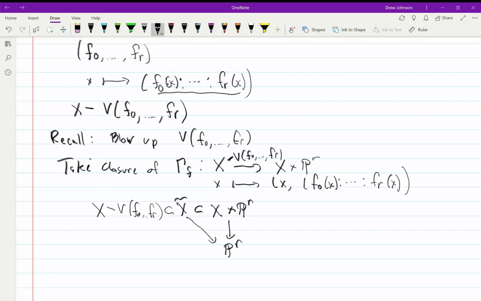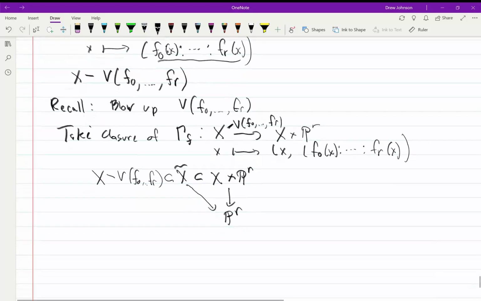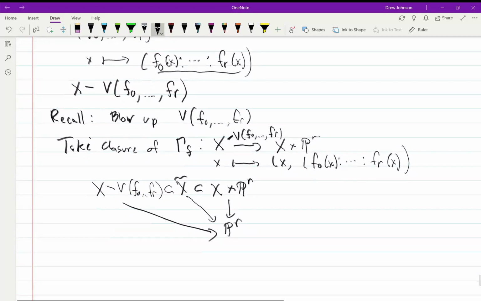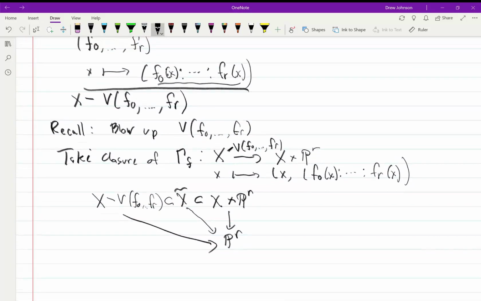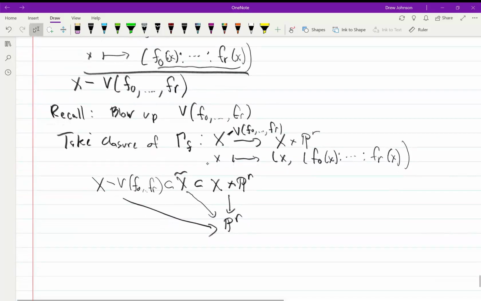And I also claim that it agrees with the map here. So originally we had a map from here to here that was just this. And now we have a map from X tilde to PR that's just the projection. But when you do the projection, you're just chopping off this X and you just have these.